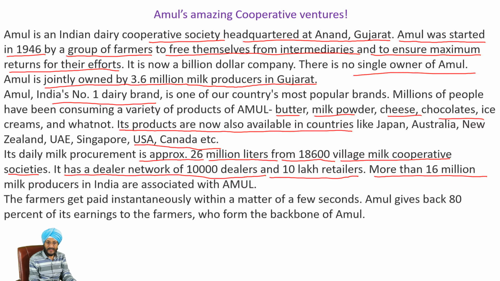More than 16 million producers in India are now associated with Amul. So, from all this, you can gauge the success story of Amul, which was started as a small cooperative society.